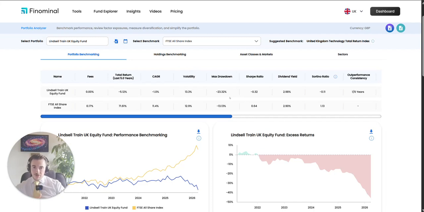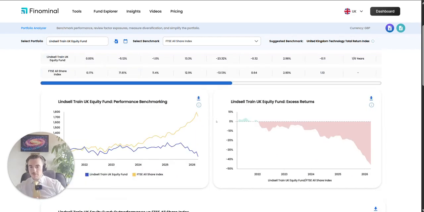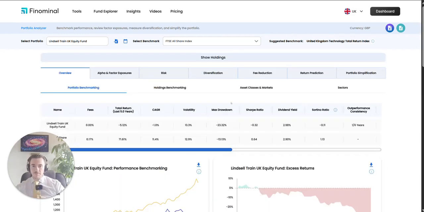Higher max drawdown as well, -23.32% versus the FTSE All Share at -13.13%. Negative Sharpe of -0.32 versus a positive Sharpe of 0.64 for the All Share. So certainly a different story if we change the time frame, that is for sure, I will say.